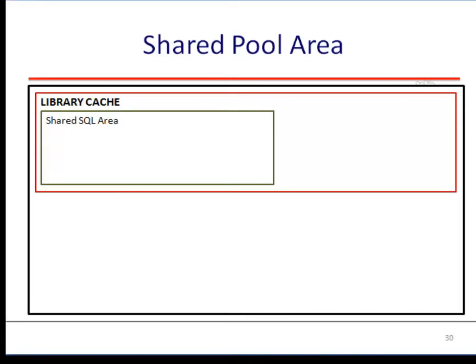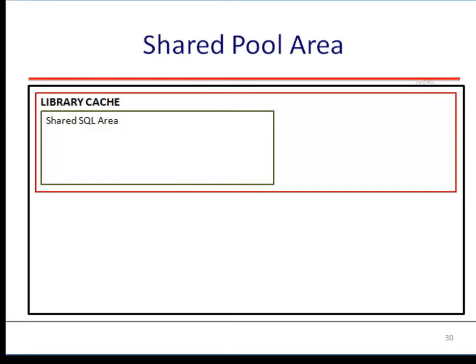Now, what exactly is stored in the shared SQL area? We will not go in depth at this particular point in time, but please note that whenever you execute a select statement, the select statement first has to be parsed by the Oracle software, then it has to be executed, and once it is executed, the rows are fetched either from the buffers or from the data files.